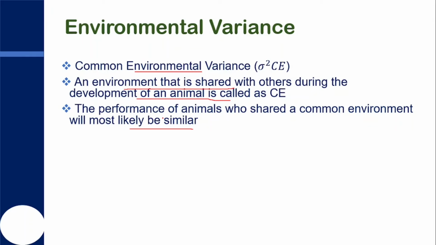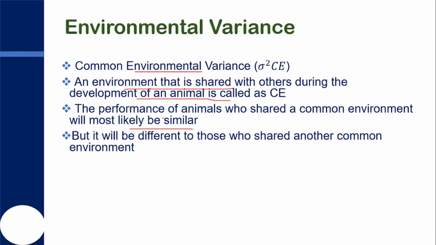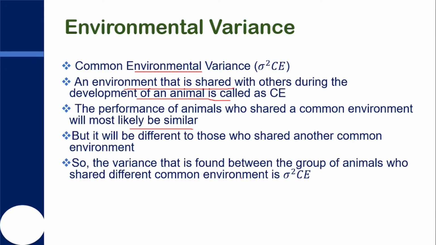The animals who are raised in the same, shared environment will most likely perform similarly compared to those raised in a different type of environment. But they will differ from those who share another common environment. The variance found between groups of animals who share different common environments is known as common environmental variance.